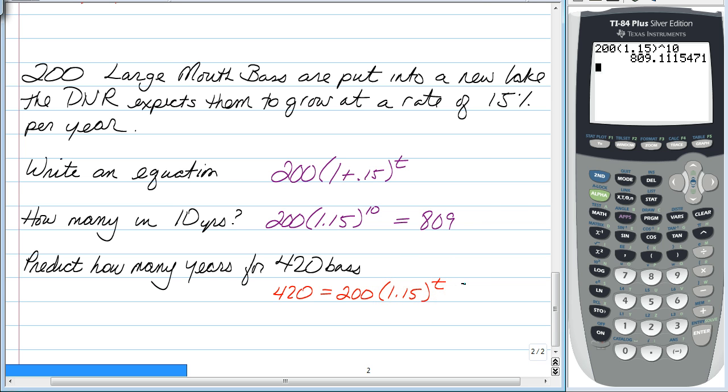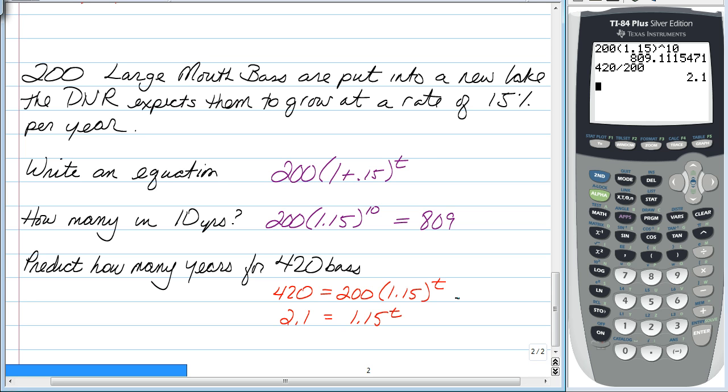We don't know. And now you just solve it. So you're going to divide both sides by the 200. You take your 420 and divide by 200. If you can't do that in your head, you just use your calculator, but 42 divided by 20 is going to give you your 2.1.